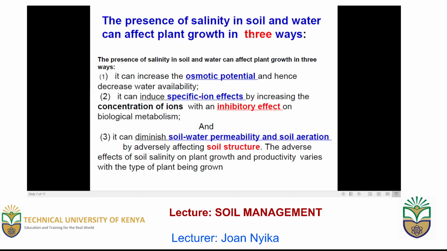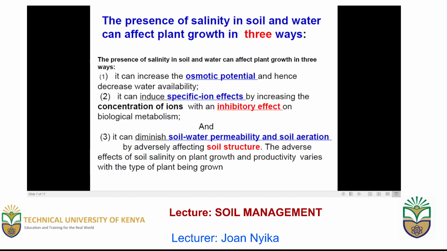The presence of salinity in soils and water can affect plant growth, and this occurs in three ways. Number one, it can increase the osmotic potential or osmotic pressure, and hence reduce water availability for plants. And we will see in this class how this happens. Number two, it induces specific ions.